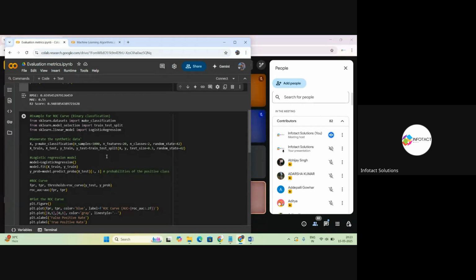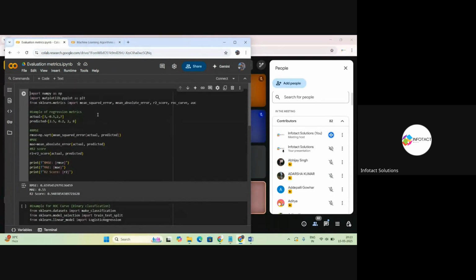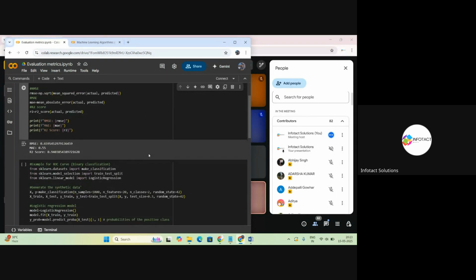How to implement the ROC curve? Here are the required libraries. The libraries first is done. Then from sklearn make_classification, train_test_split, logistic regression we work on.